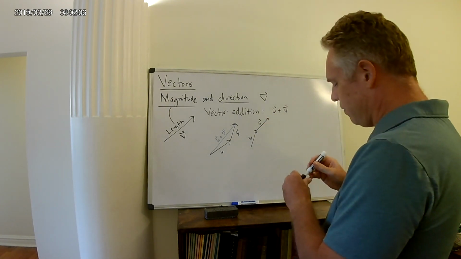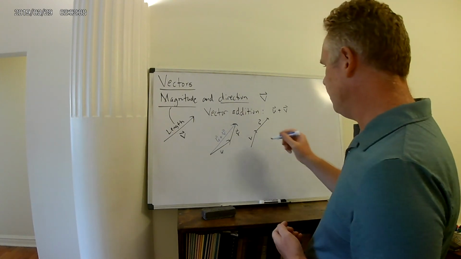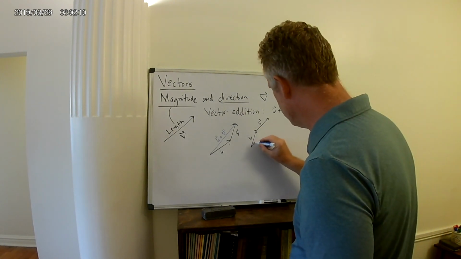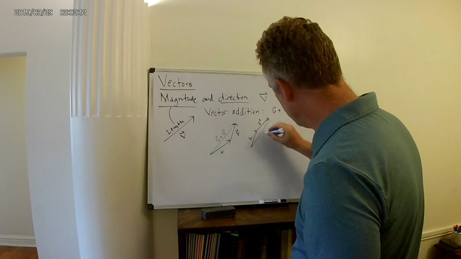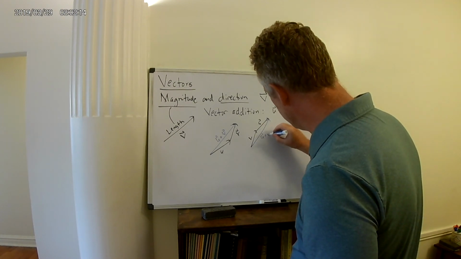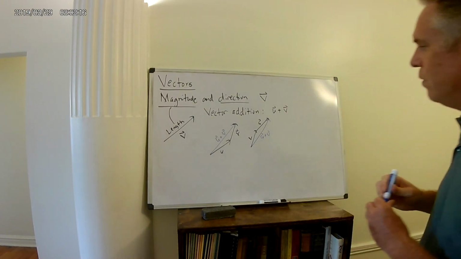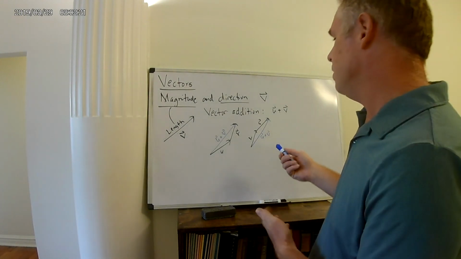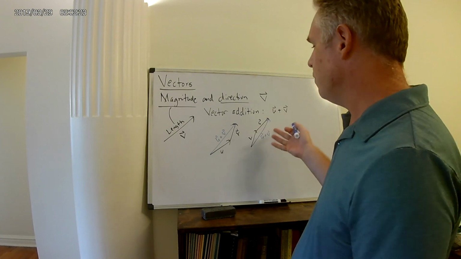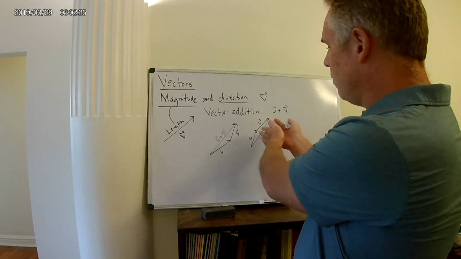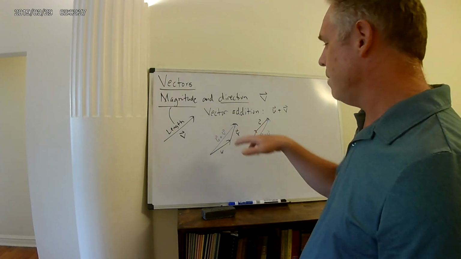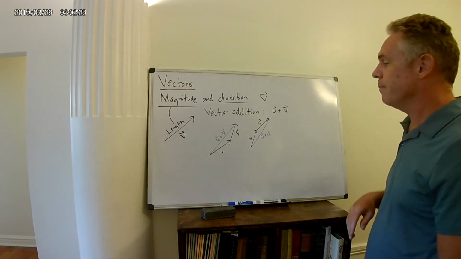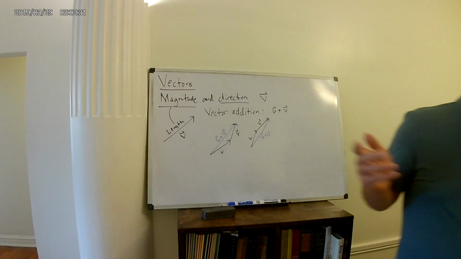And then I could have connected the tail of v to the tip of u, like that, and I get u plus v, okay? These are both legitimate ways. There are two different ways to add vectors. Because addition is commutative, we can either start with u plus v or v plus u graphically, but we get the same result. The point is we get the same end vector u plus v. Okay, so that's vector addition.